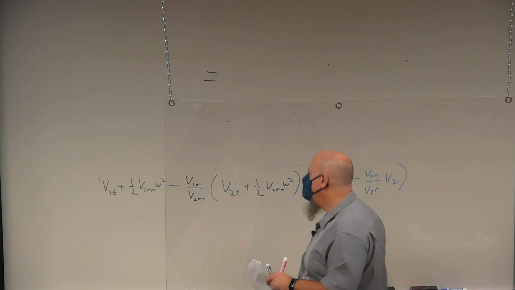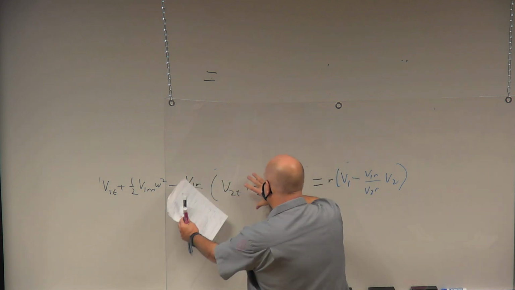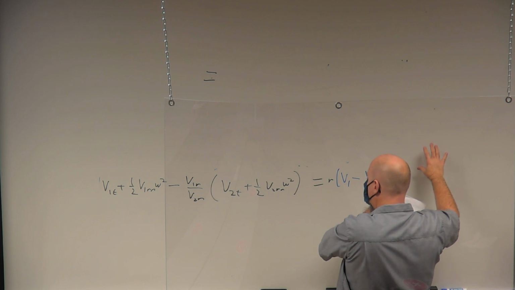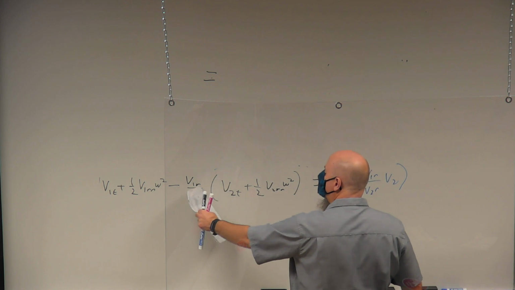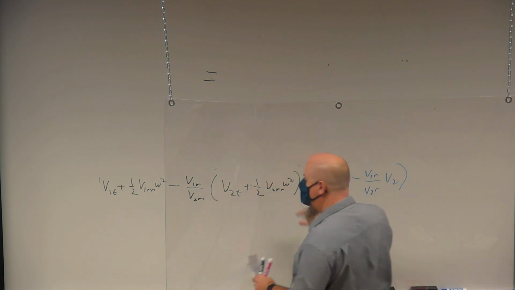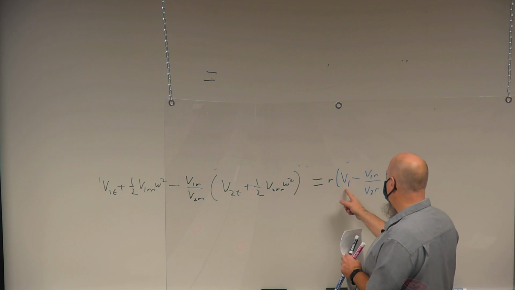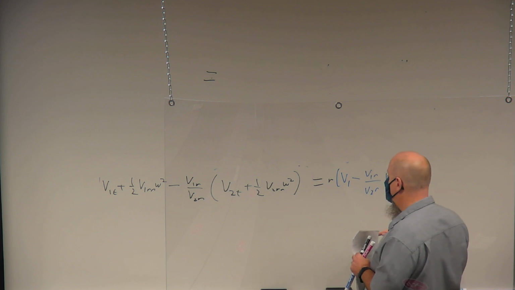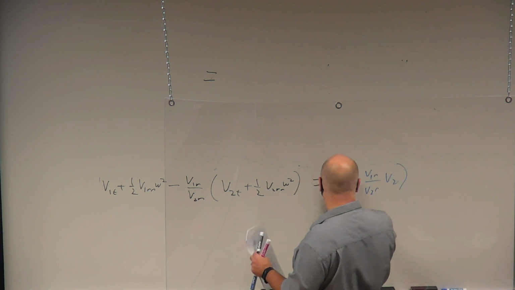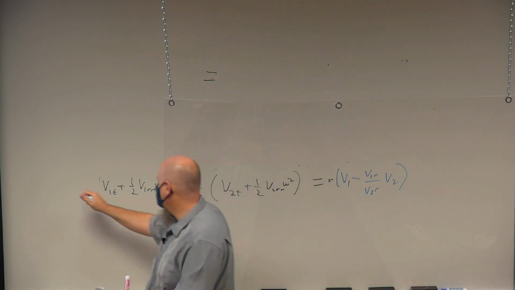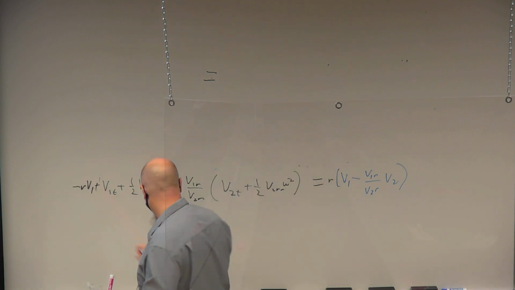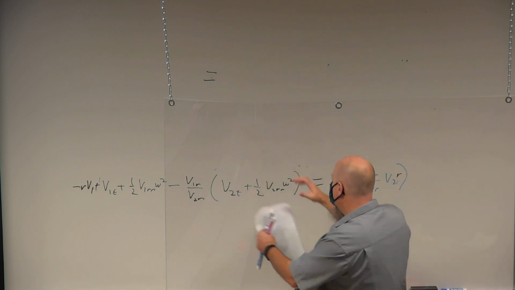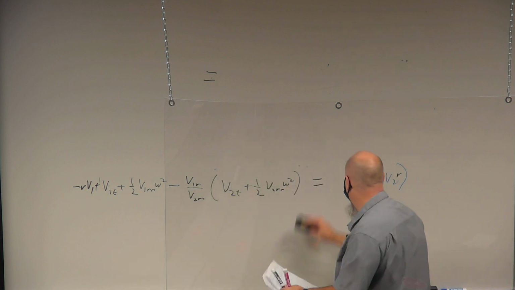So just to talk me through it here, this whole chunk of algebra is going to go to the other side. And then I can divide out that V1R, and then this is all V2s. This RV1 is going to go over to this side. So I'm going to move this RV1 over, so it becomes a minus RV1. This whole chunk of algebra is going to go over to the other side.